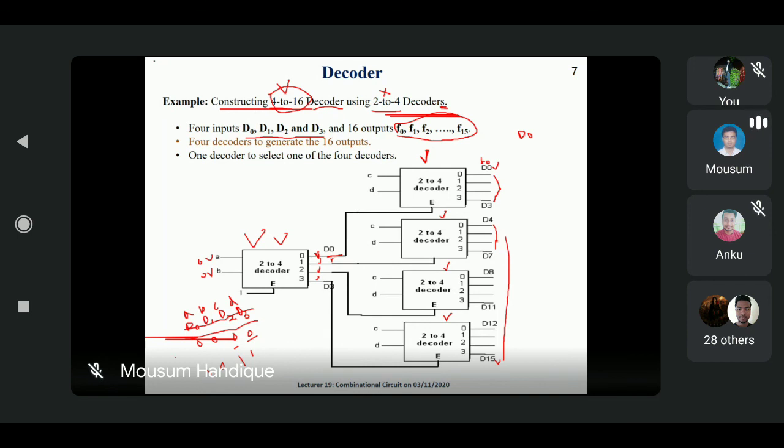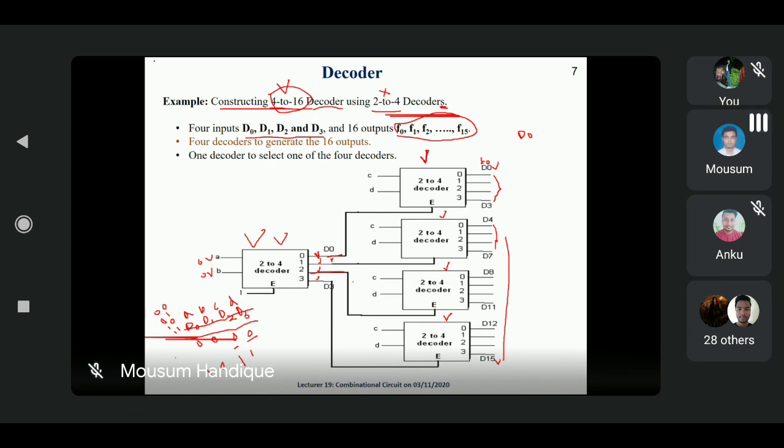So we can write it this way also. If we are using the 2 bits, if it is 1, 0, then the number 2, D2 line is active. This particular line is active.